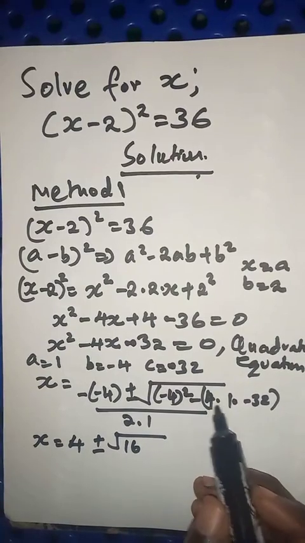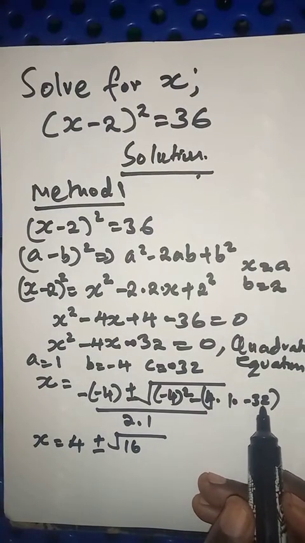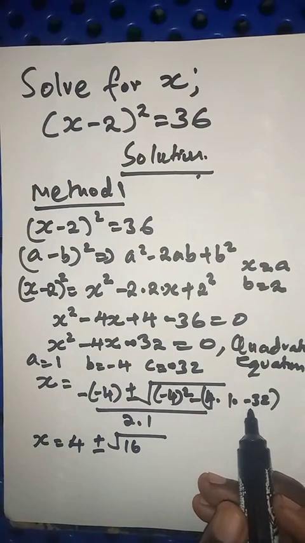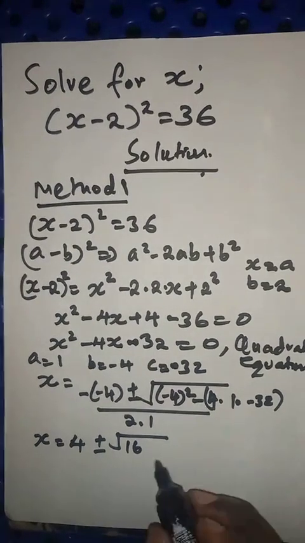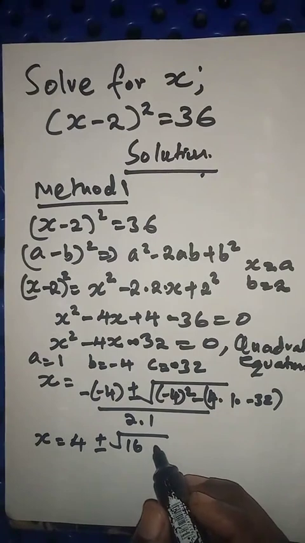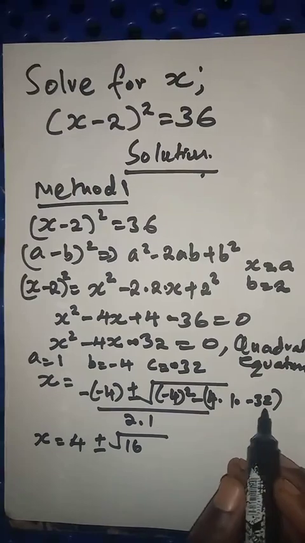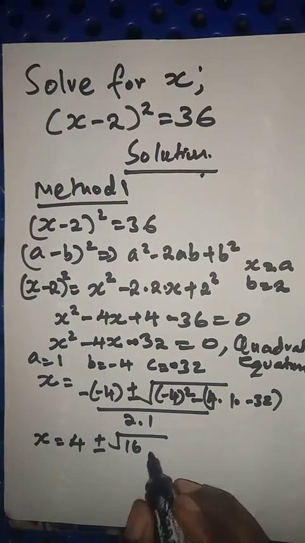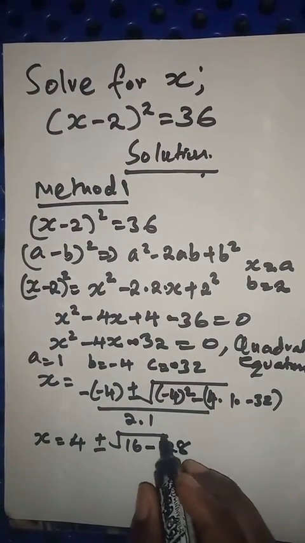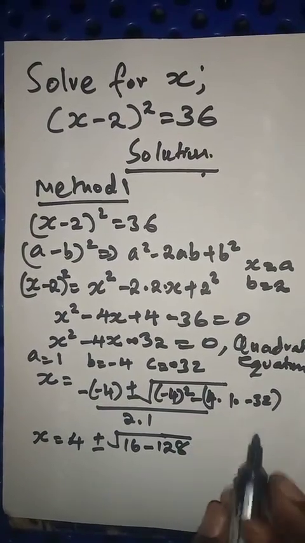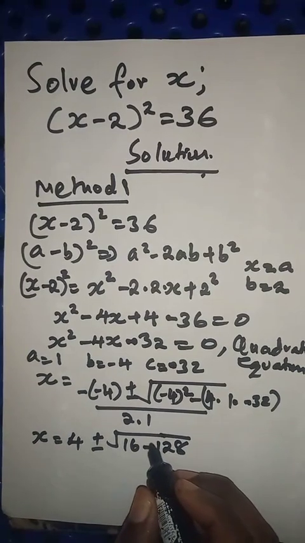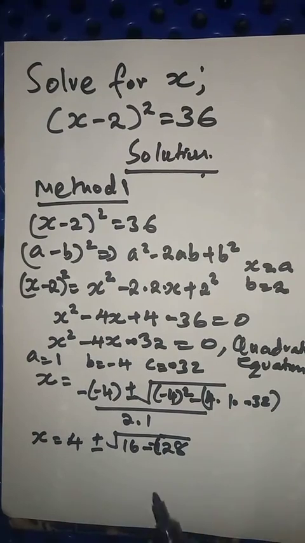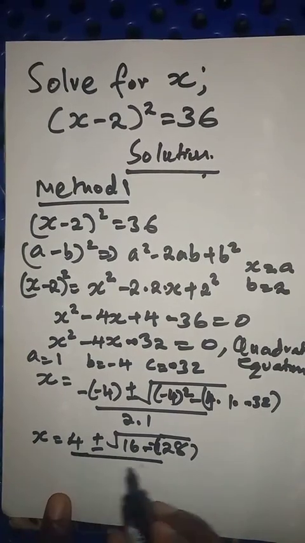And then if you take 4 times 32, you're going to get 128, and there's a negative here, and then there's another negative there, so you have negative and negative of 128, all divided by 2.